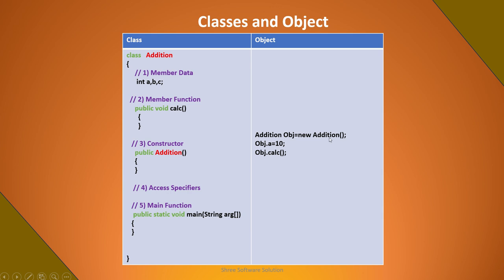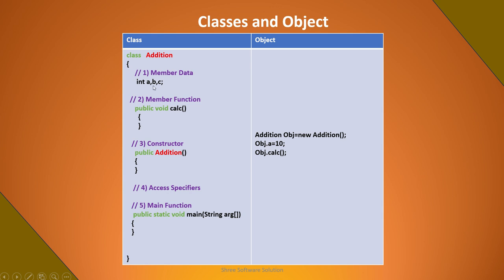Once I create it this way, using new Addition, it will automatically invoke the constructor. No need to call the constructor separately, and whatever code you wrote inside it will be automatically identified by this object. Using that object we can access the other variables and functions we wrote inside.